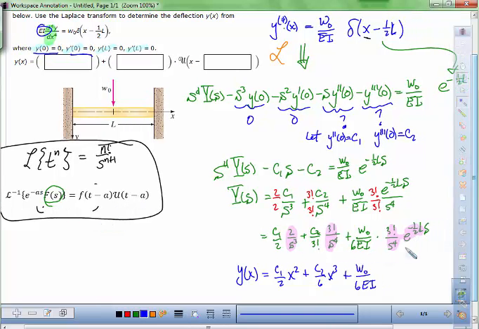So it's actually x to the 3rd power that's been shifted by 1/2 L times the shift function.